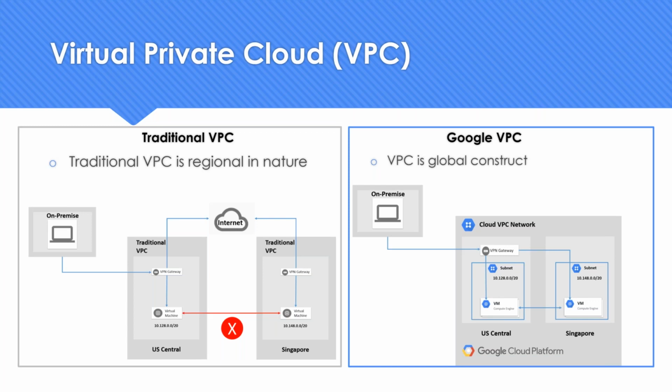So basically, we saw about auto mode and custom mode. We also had a discussion that it's always preferred to use custom mode because you get that range of IPs which you can decide. And usually on-prem IP range cannot be changed because they are running for ages. You are creating something new in cloud, you have that flexibility.